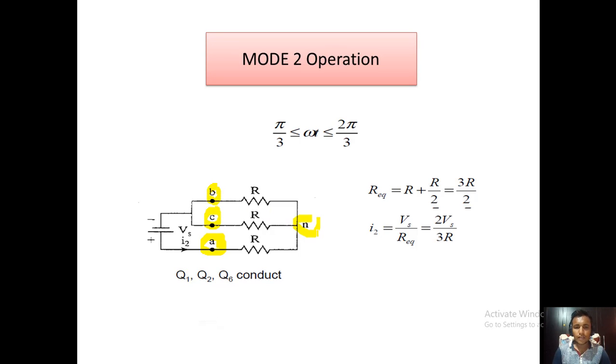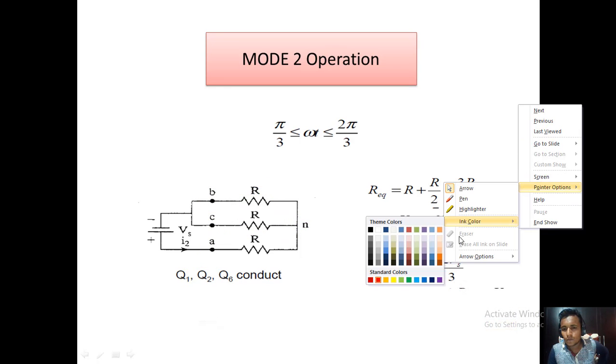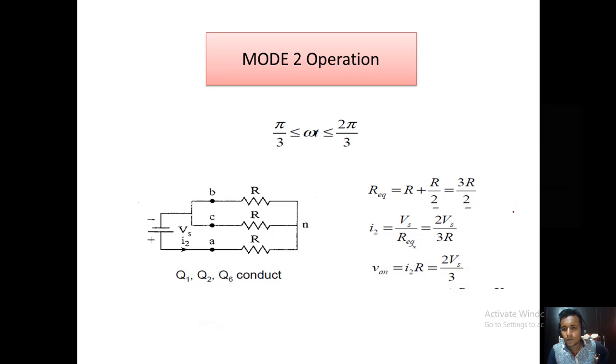But in this case you can see the phase voltages VBN and VCN are the same because this is a parallel combination. In a parallel combination we know that the two phase voltages are the same. First we have to find the phase voltage VAN, which is equal to I2 into resistor R, that is this resistor R, and that is the current I2.